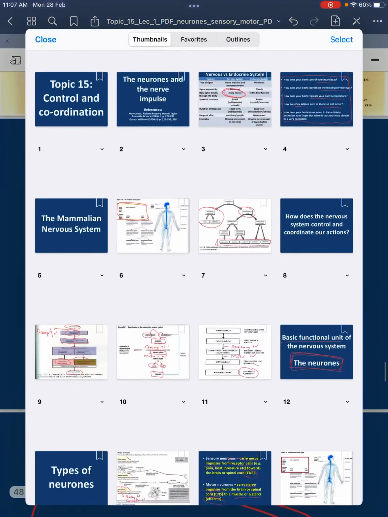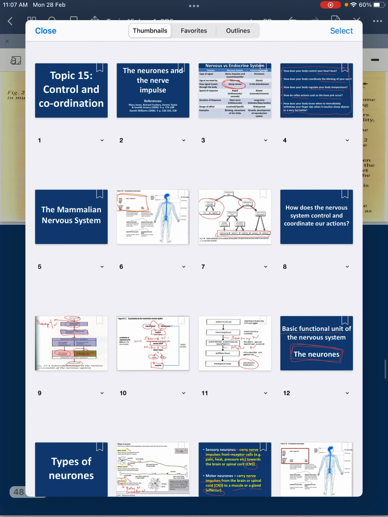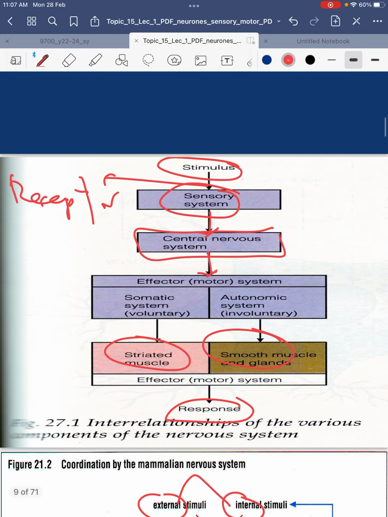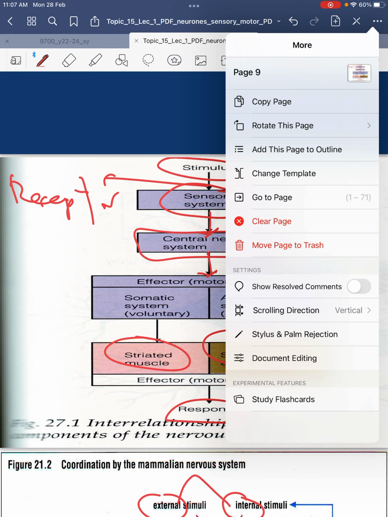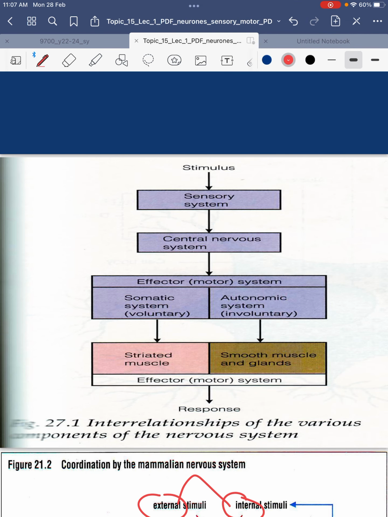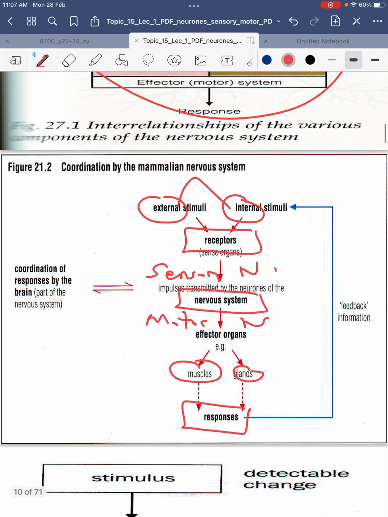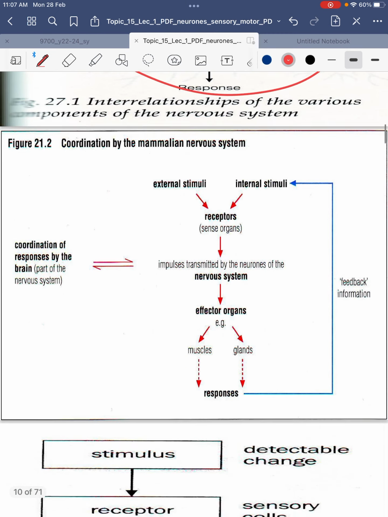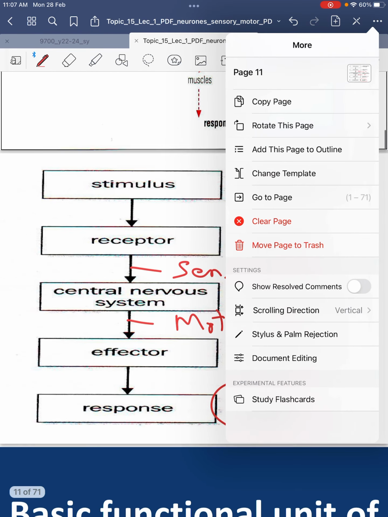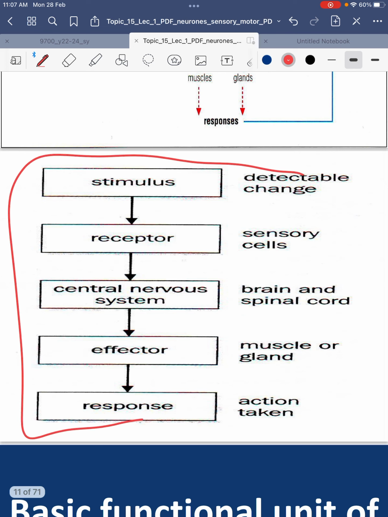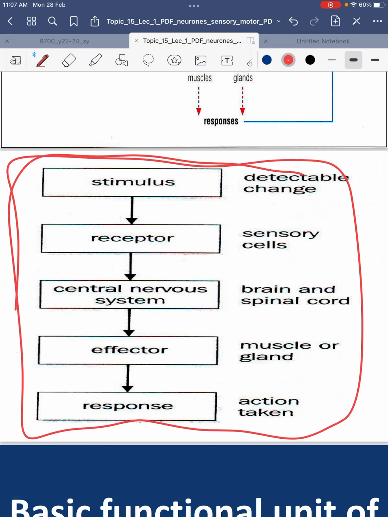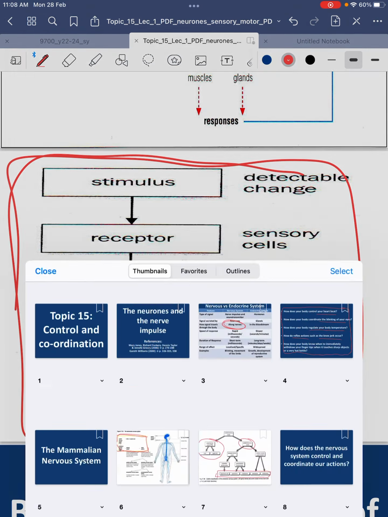Not only a reflex arc, but also the components of the nervous system. A reflex arc is a good example to demonstrate what we mean by stimulus, receptor, central nervous system, effector, and then response.